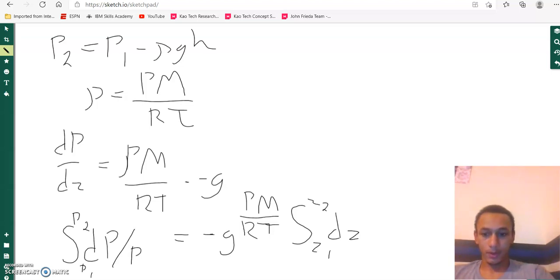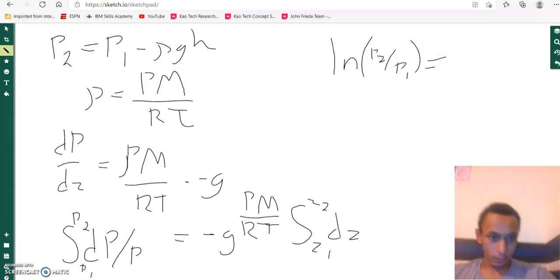We'll go up here, so then you'll get natural log of P2 over P1 is equal to, let's see, it's the same thing as last time, so we're going to get negative G M. Oh, yeah, there should not be a P here. That is my bad.